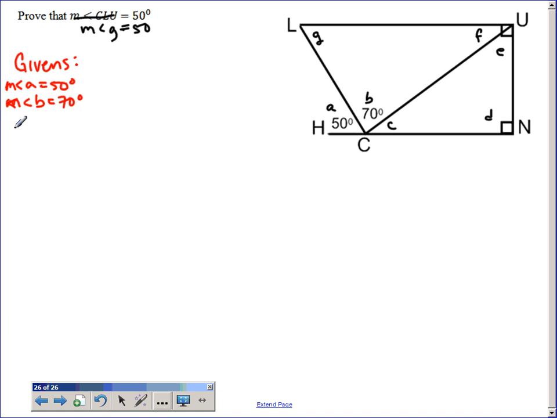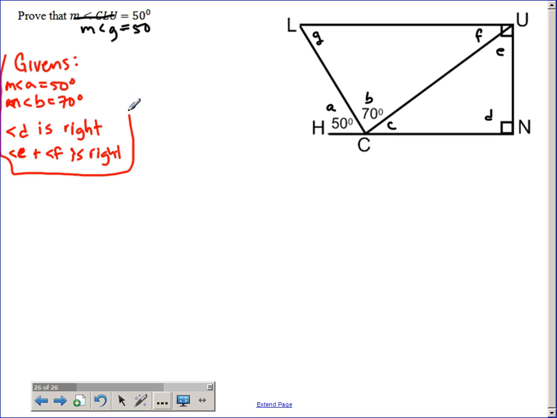Angle D is a right angle, and angle E plus angle F is also a right angle. Those are the things that we're told. Now, if you're wondering how I got those right angles, it's actually marked in the diagram. Very sneaky way to do it, but perfectly fine. D by itself is going to be a right angle, and if I add F plus E together, that's also going to be a right angle.